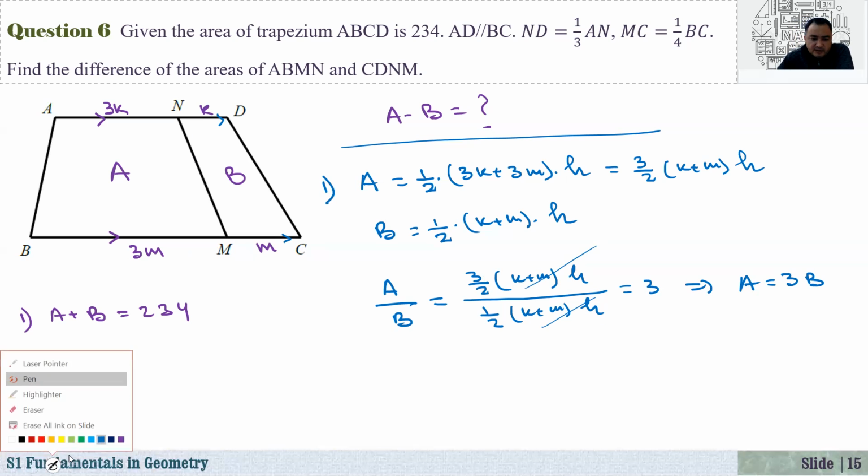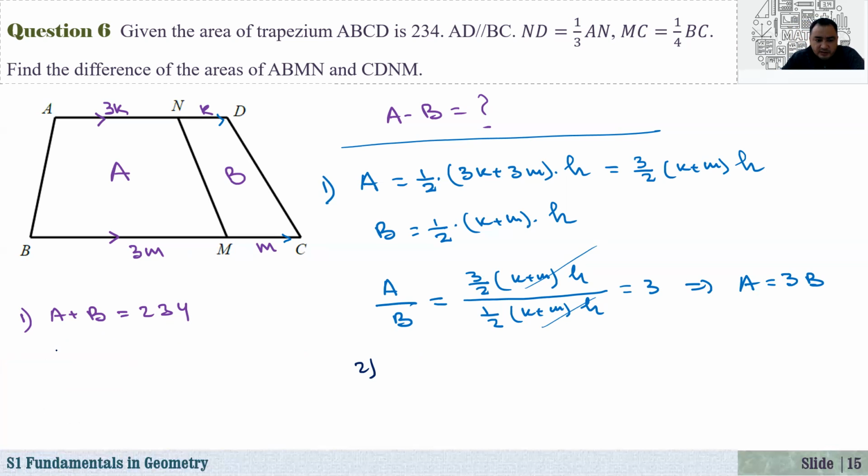And the second step, I can find the value of A and B. So we know that A plus B is equal to 234. Here we have A plus B equals 234. A is equal to 3B, so 3B plus B, that's equal to 234.